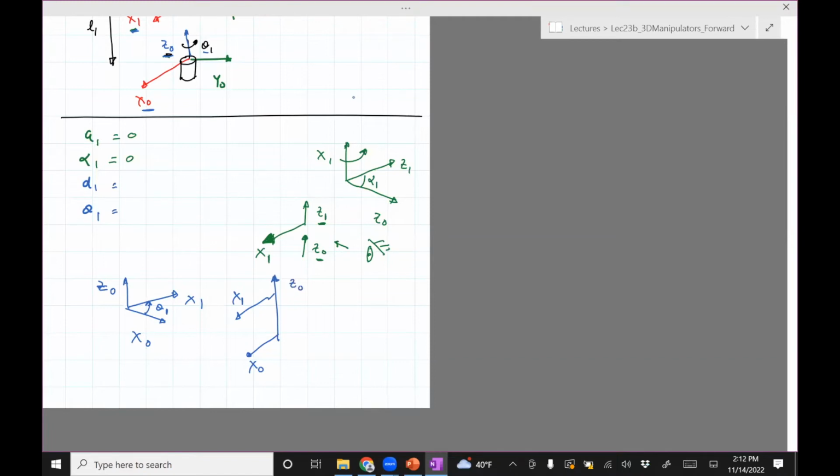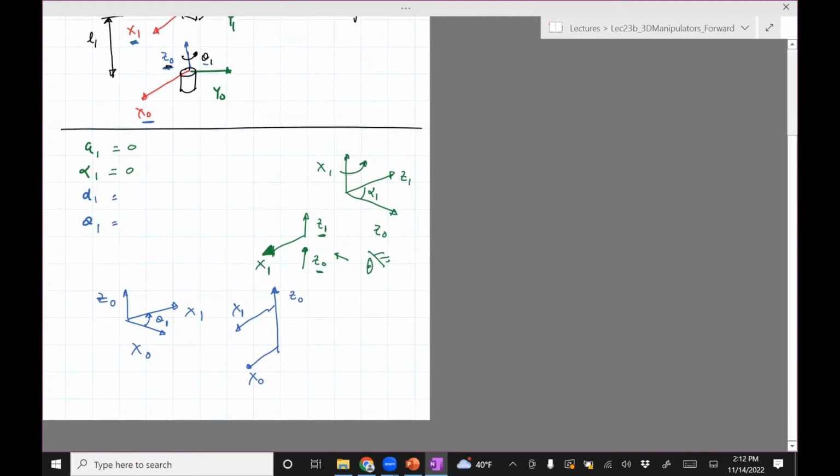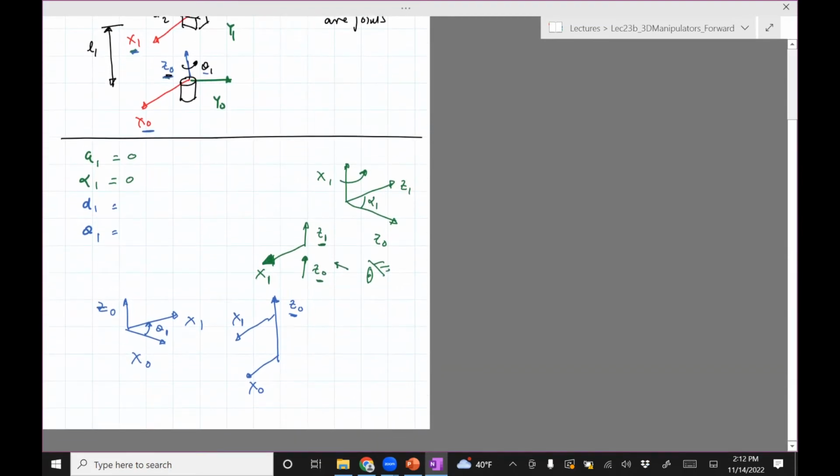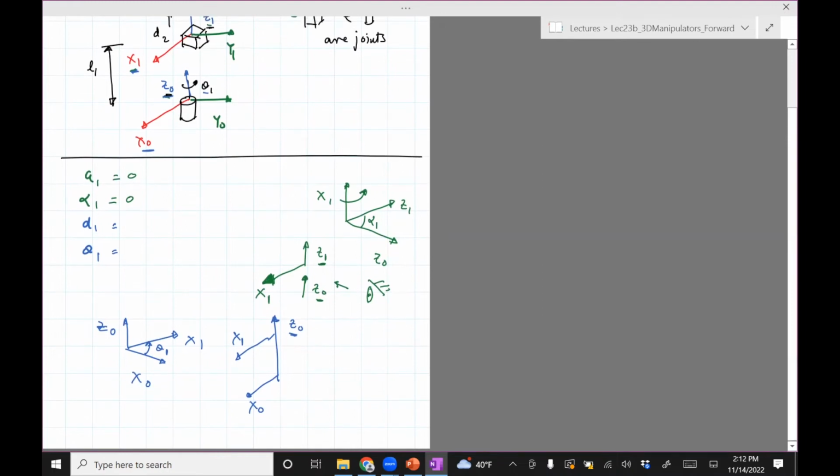Now to figure out what theta1 is, it's basically the angle between x1 and x0 about z0. If you see x0 and x1, they are in the same line, so the angle in this configuration is 0. But remember that the manipulator has theta1 as a degree of freedom, which means that at any given instant theta may not be 0.